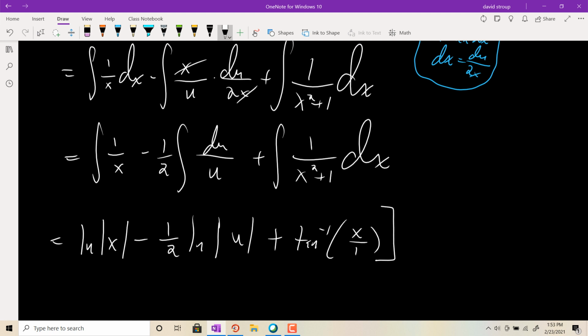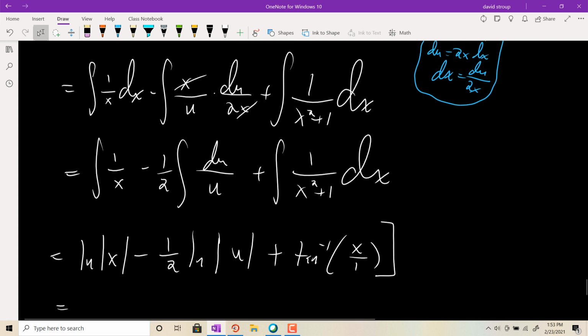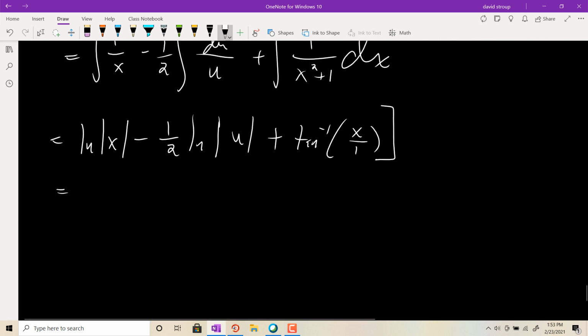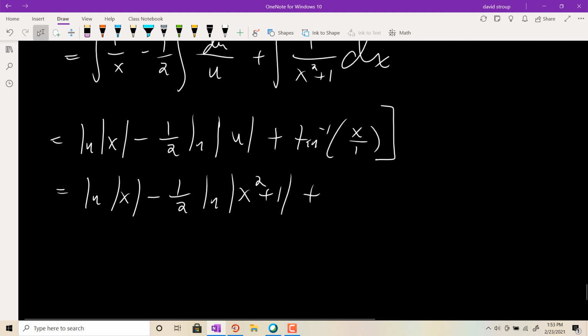And then we have to evaluate. I need to back sub before I can evaluate, though. u is x squared plus 1. So ln absolute value of x minus 1/2 ln absolute value of x squared plus 1 plus tan inverse of x, evaluated, I think it was 1 to 2.